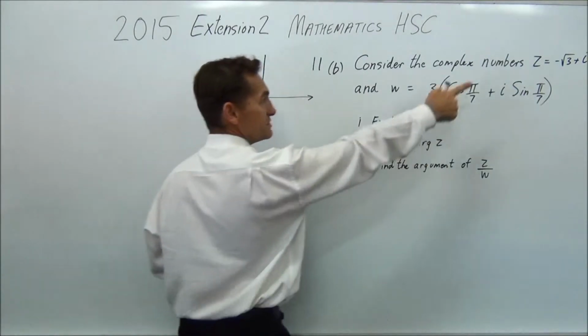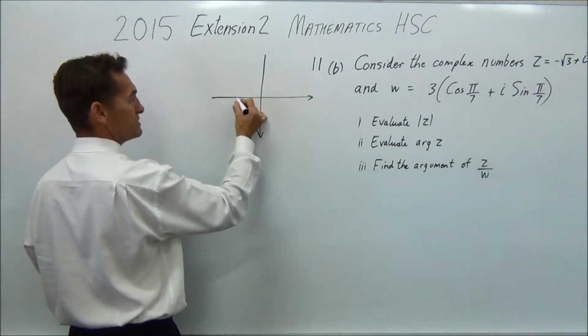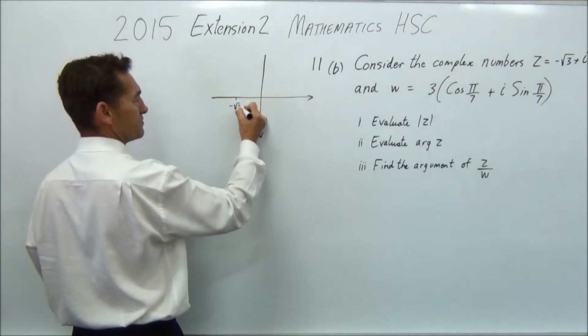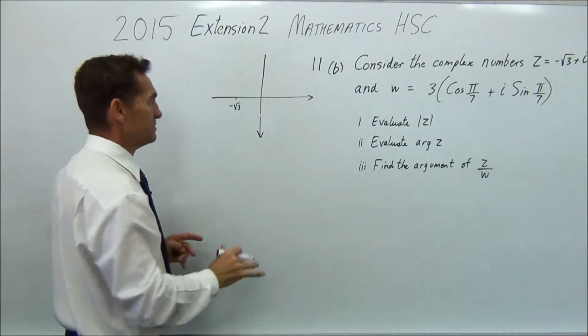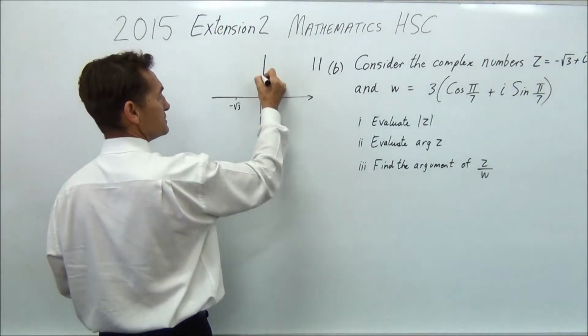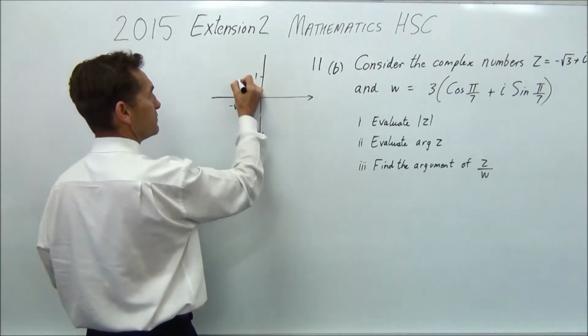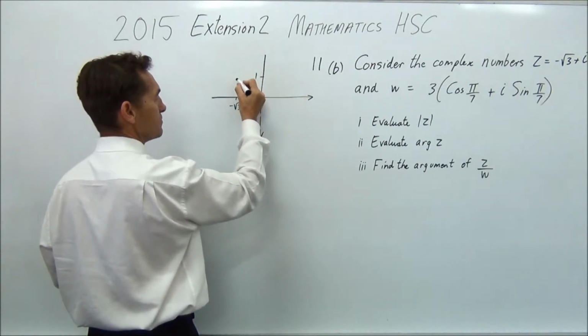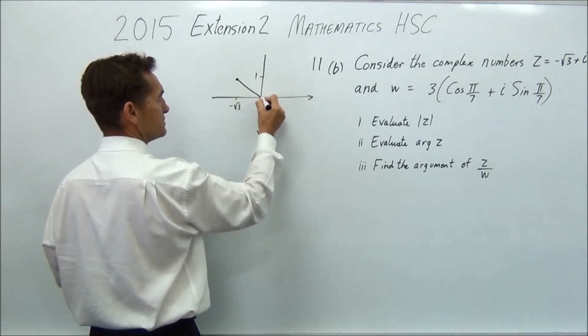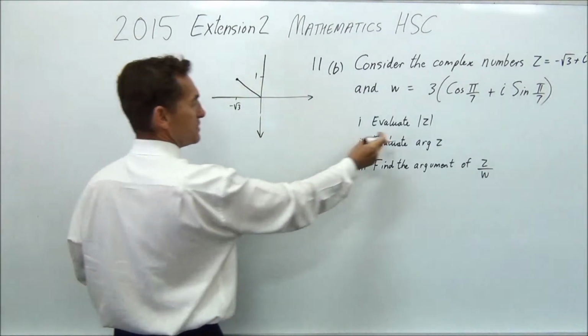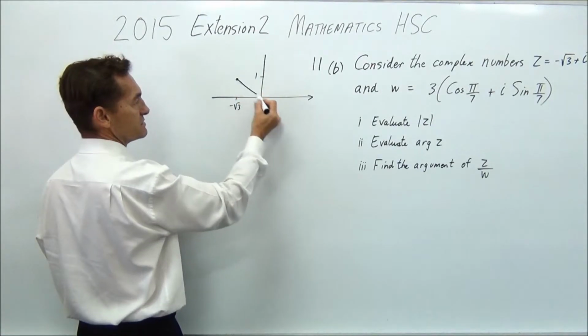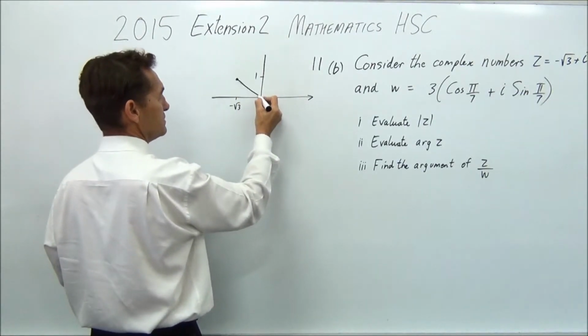So z is minus root 3, so we're going to go minus root 3, and the accuracy of your diagram is not really that important as long as you can get the idea. And we've got 1 because that's i. So we're looking for that point there. So we'll just draw a line to there. So we want this distance. It's pretty easy.